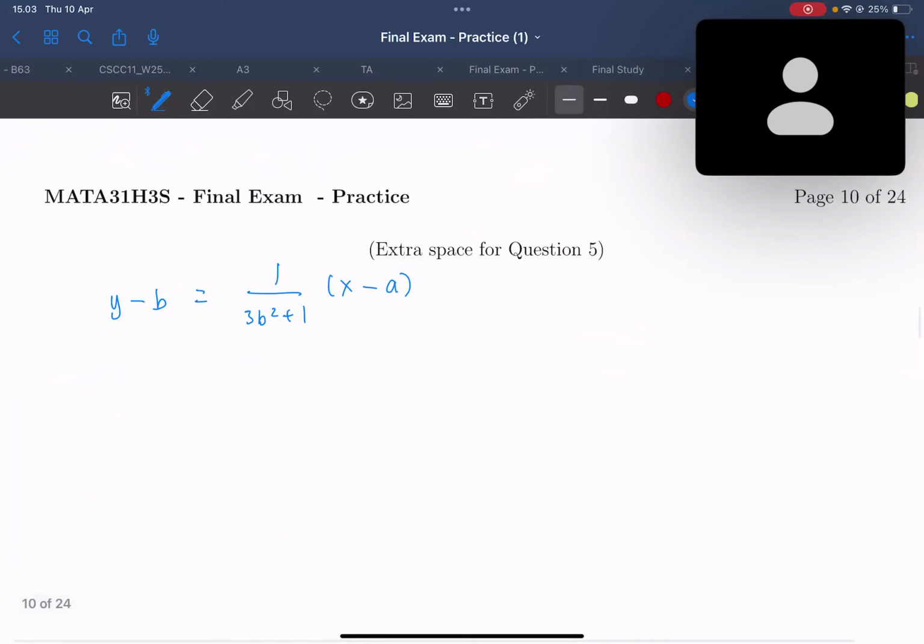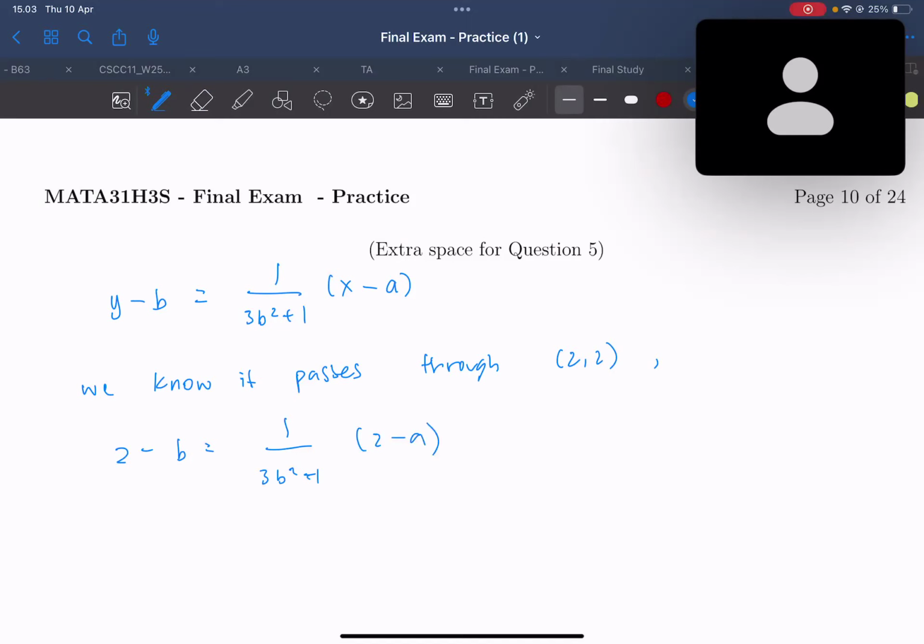And now we know that the line also goes through (2, 2). So we can replace the y and x with 2, 2, because we know it passes through (2, 2). So we get 2 minus b equals 1 over 3b squared plus 1 times (2 minus a).